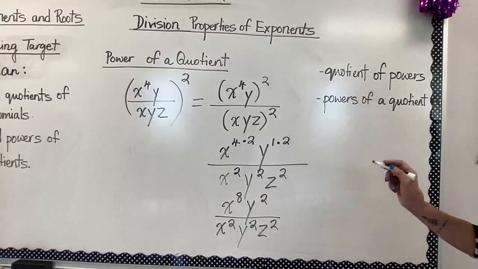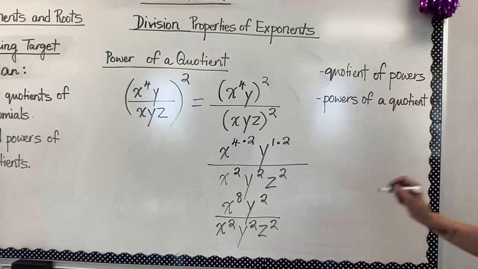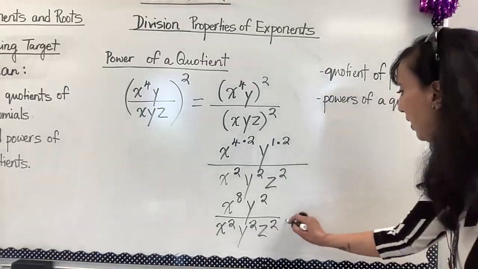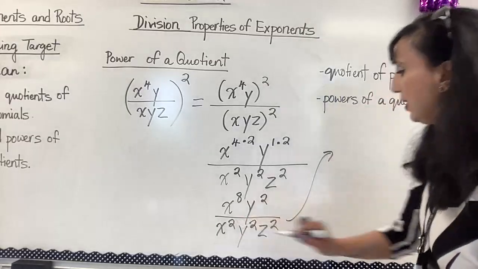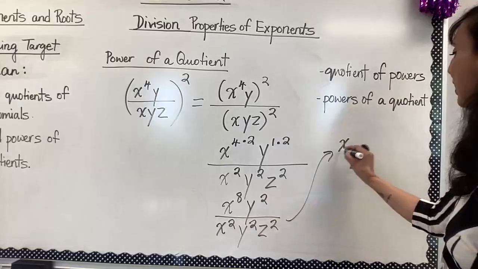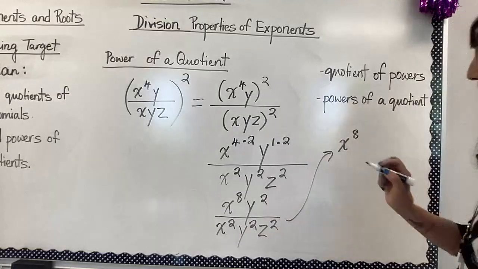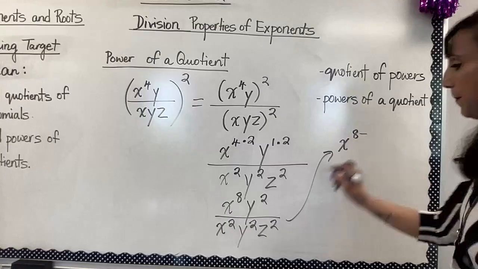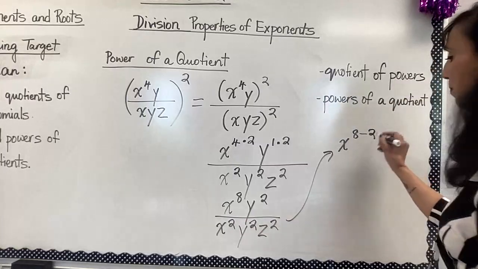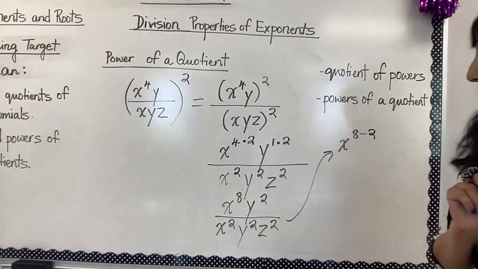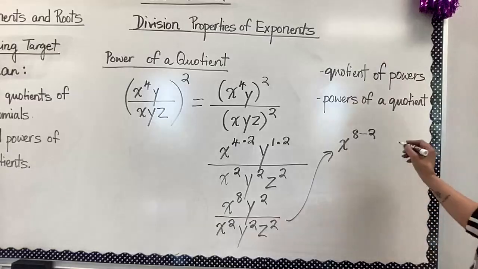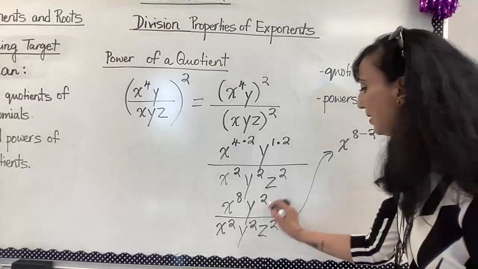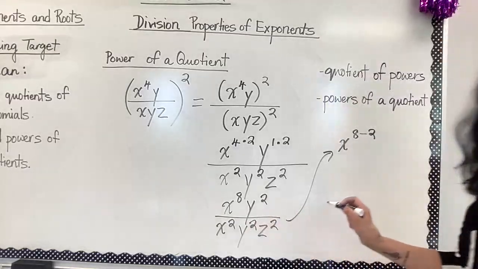And then I am going to use the quotient of powers, and here I'm going to carry this over here. And so I can see 8 here, I can see 2 here. So it's x to the 8th power minus 2nd power, right? And then I've got y squared and y squared, and we know that means we can easily cancel this out, okay?